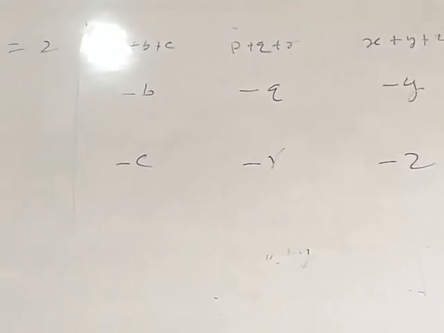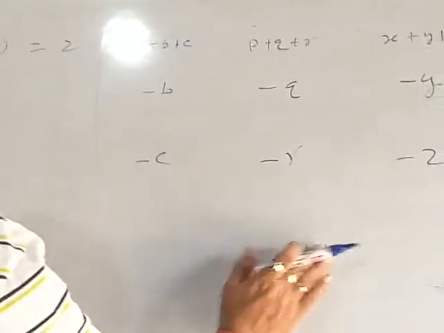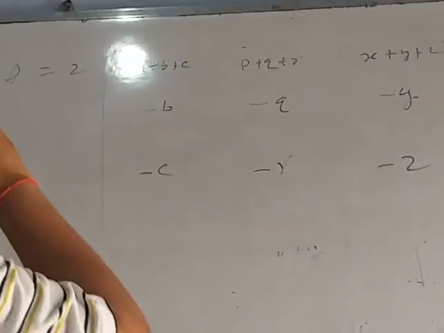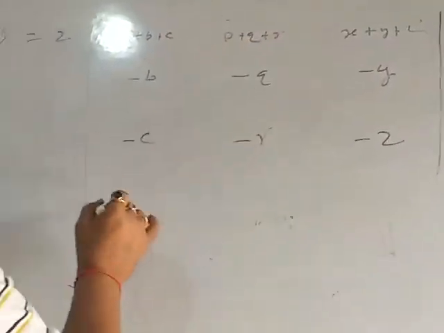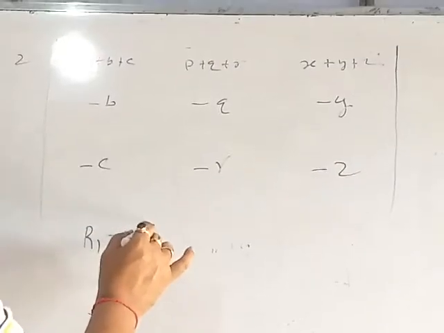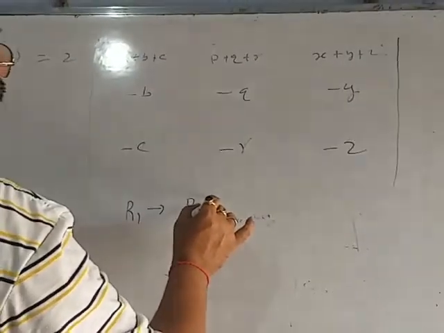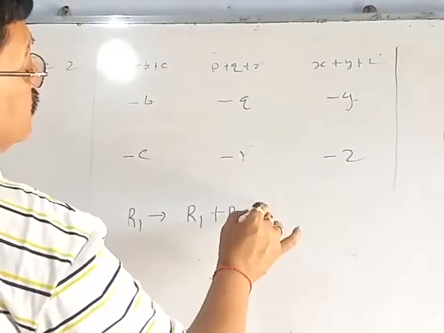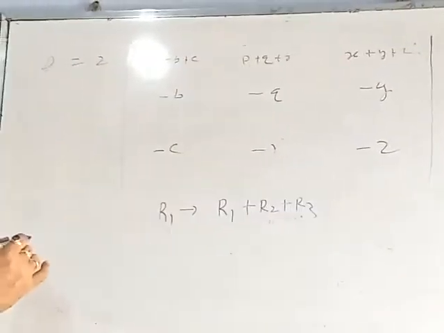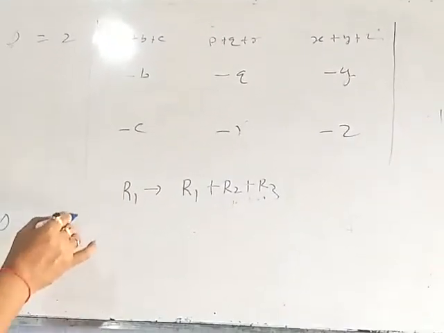Now you apply the property, that is R1 is changed into R1 plus R2 plus R3. What are you getting? 2.